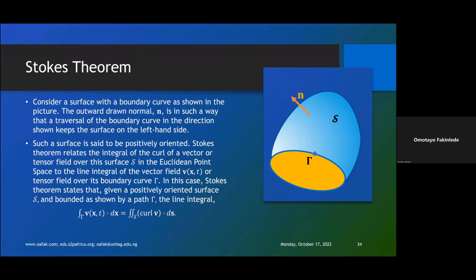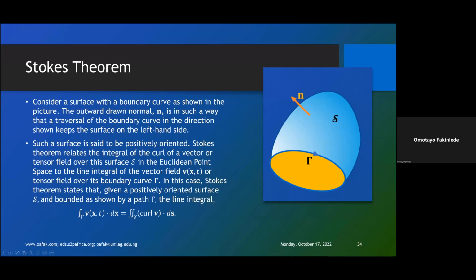Before you state the Stokes theorem, let me just show you this thing that looks like a joker's or a fool's cap. You see, this is the rim of the cap, which I have denoted as gamma. That is going to be the path of an integral, that curve.